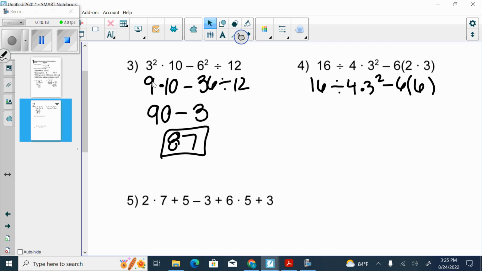Exponent, right. Exponent would be after parentheses. So, what is 3 squared? 9. So this becomes 9. We bring everything else down.